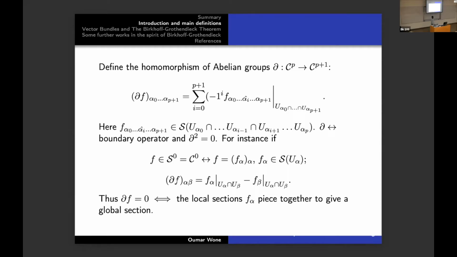The nabla operator, which acts on f, gives us this formula. We take f_alpha, we restrict it to U_alpha intersected with U_beta, and we take f_beta, we restrict it to U_alpha intersected with U_beta. And nabla f equals 0 means exactly that the local sections piece together to give a global section.